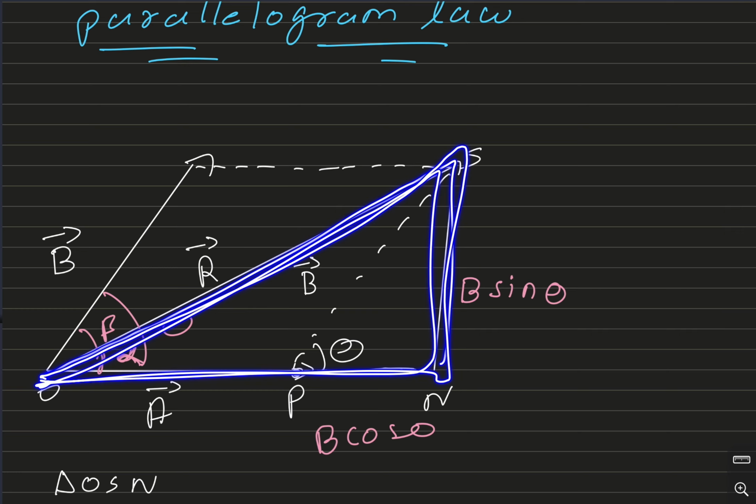Tan alpha is equal to perpendicular divided by base.